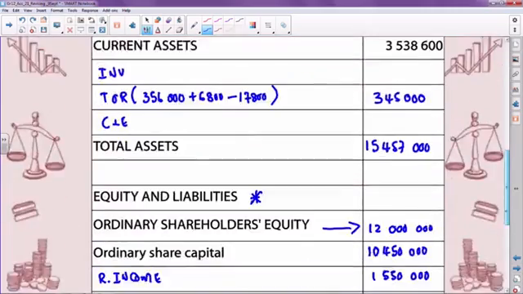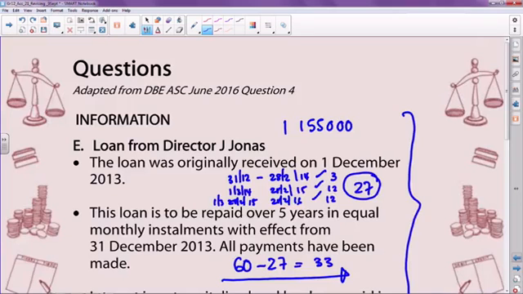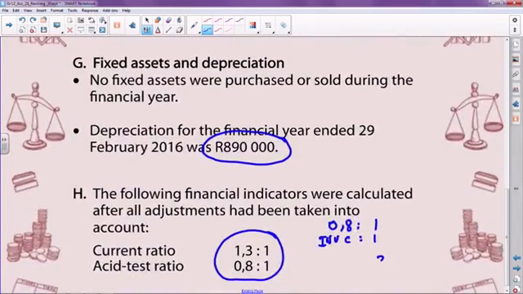The total of my current liabilities is 2,722,000. So if I know that this is 2,722,000, and I also know that this has to be 0.8:1, immediately this is what I do. Watch.